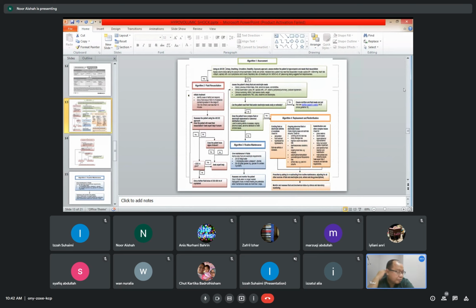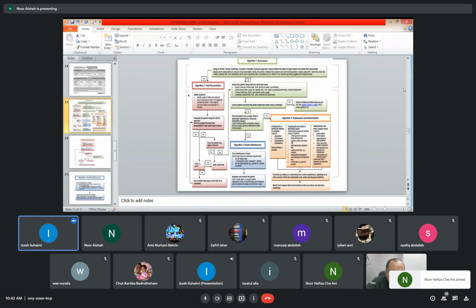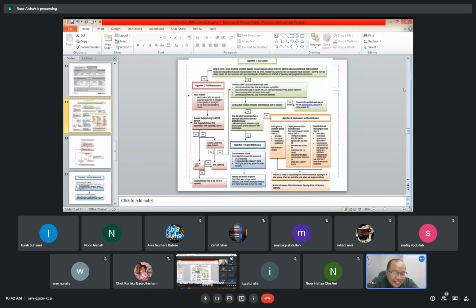Tak ada? Okay, Fiza? Fiza ada ke lagi? Ya, Doktor. Bukan Izzah, Hafiza, Dr. Hafiza. Dr. Hafiza ada ke lagi? Tak ada dah kot. Dr. Hafiza ada nak komen apa-apa? Tak ada dah kot. Dr. Hafiza mungkin berpuas hati lah. So, anyway, okay, thank you very much.